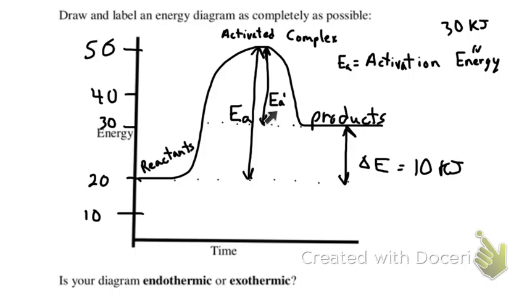Our EA prime is the reverse activation energy. If we were to start with the products and this was a reversible reaction, it's the energy it takes to go from the products to the activated complex again. That goes from 30 to 50, so our reverse activation energy is 20 kilojoules.